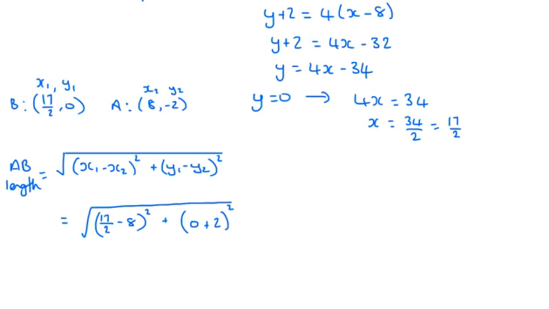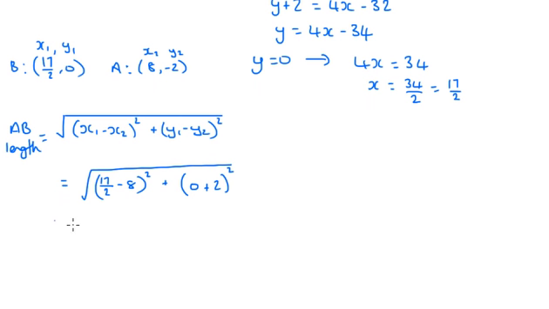So this is looking pretty awful at the moment. You might be thinking you've made a mistake, but you haven't, don't worry. To shrink this fraction down, I'm going to rewrite 8 as 16 over 2, and hopefully from there you can see it's all going to start simplifying quite nicely.